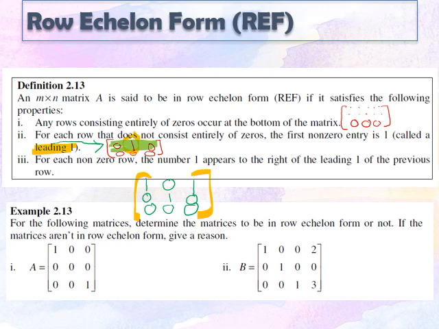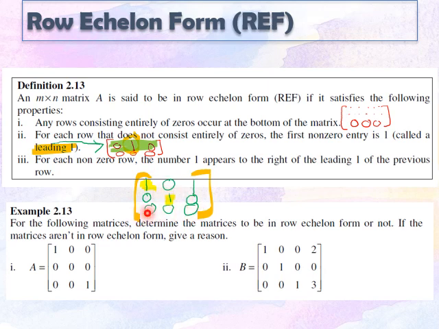This is the leading 1 of row 1, and the leading 1 of row 2.